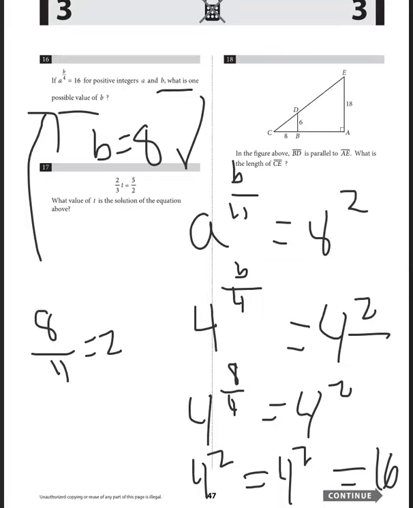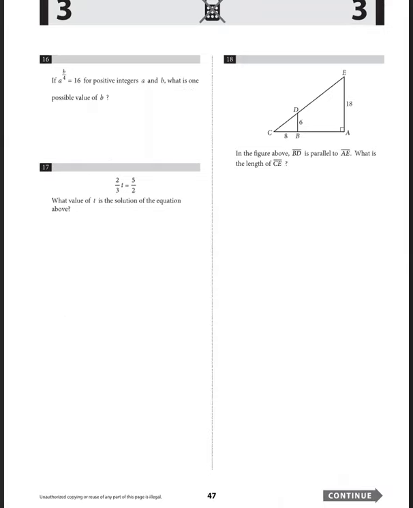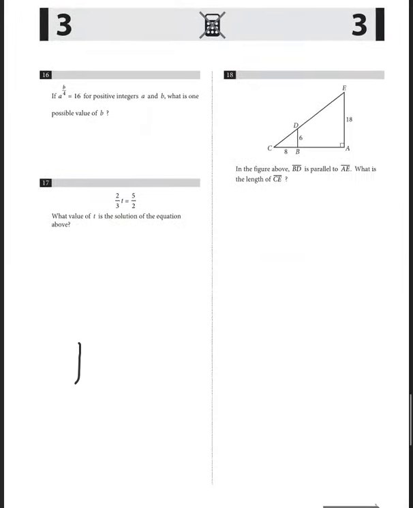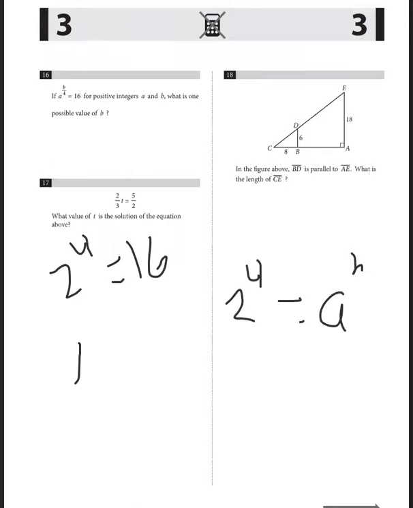Another way you can do this, I think 4 squared was the easiest way to do it, but another way, if you saw it this way, you can also know that 2 to the 4th is equal to 16. So by using this logic, 2 to the 4th has to be equal to a to the b over 4.